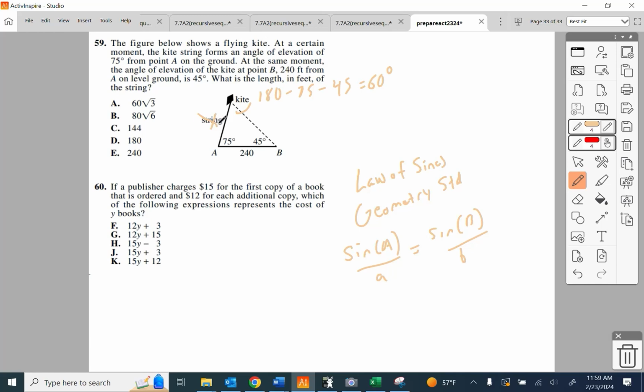So if I want this X, it compares to 45 degrees. The sine of 45 degrees compares to X as this angle up here, which was 60, the sine of 60 compares to 240.